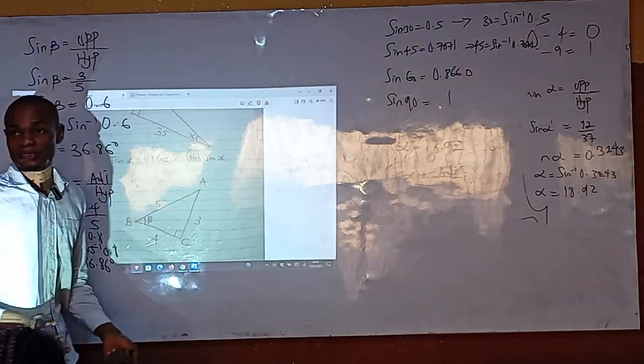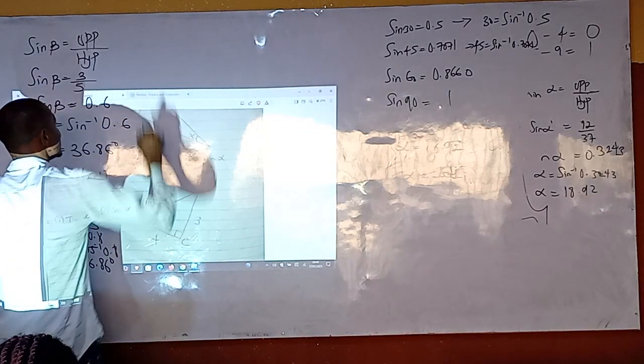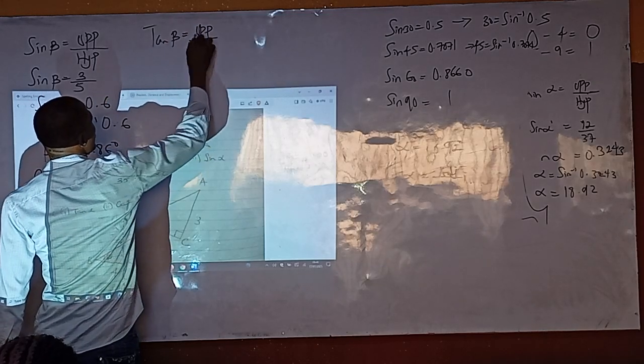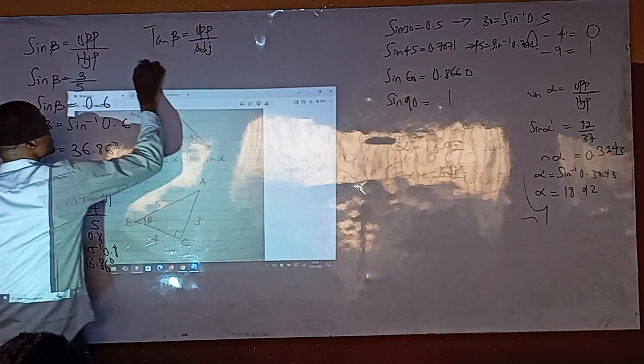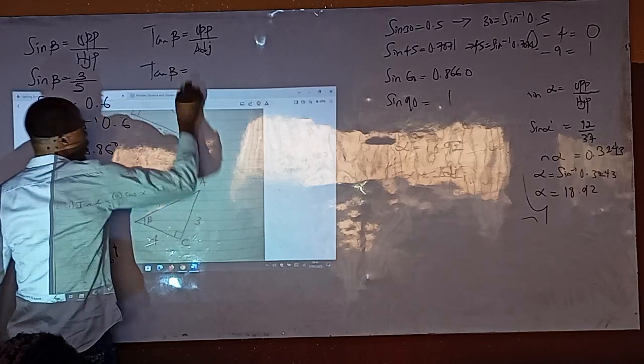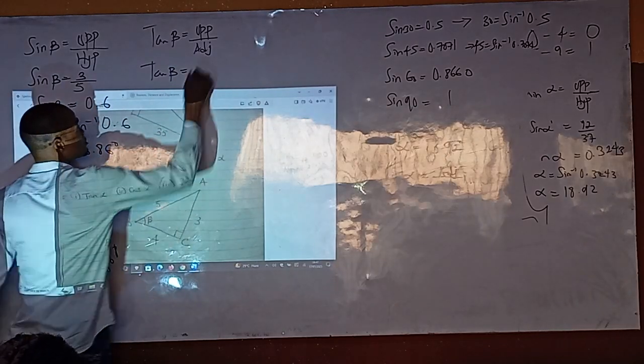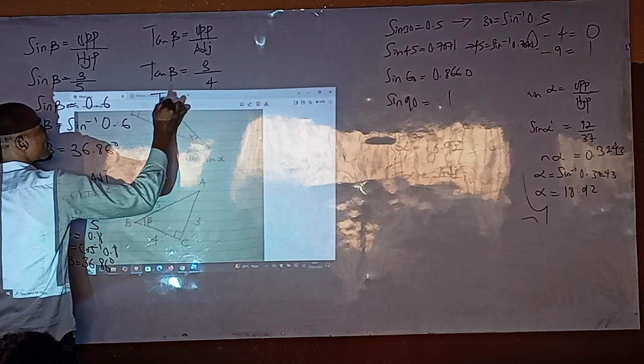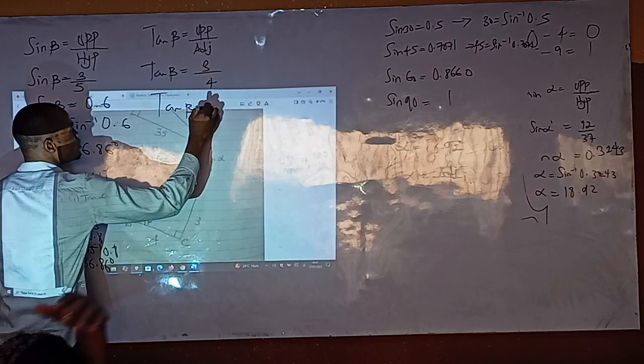I can also use tan. What is the tan formula? You have to know it. Tan beta is what? Opposite over adjacent. Tan beta. Opposite is what? 3. Where is your adjacent? 4. Now tan beta is 3 over 4.